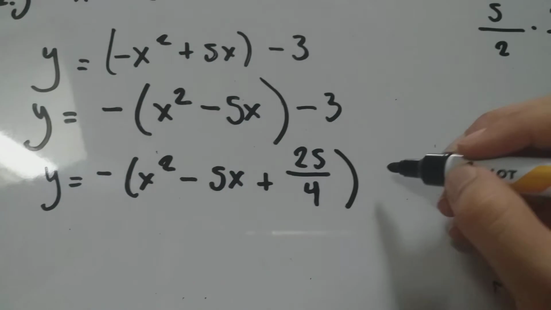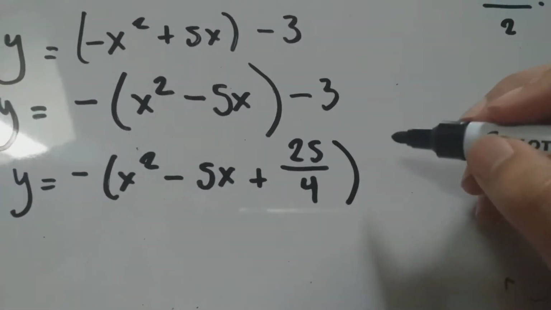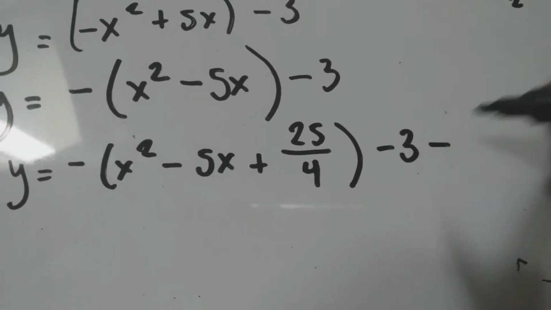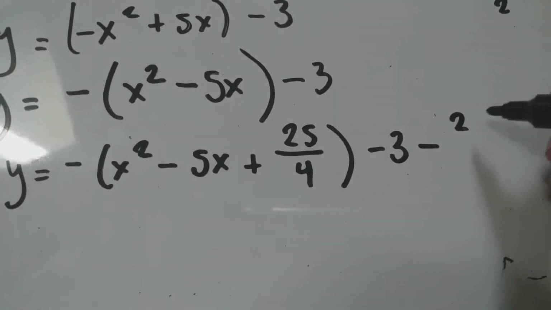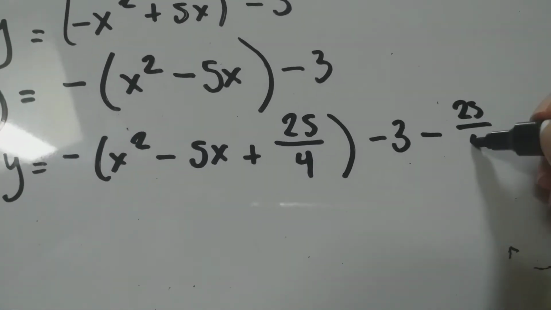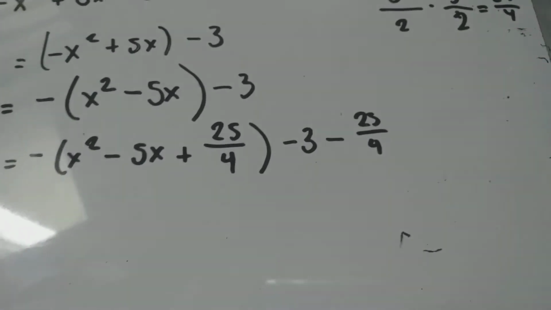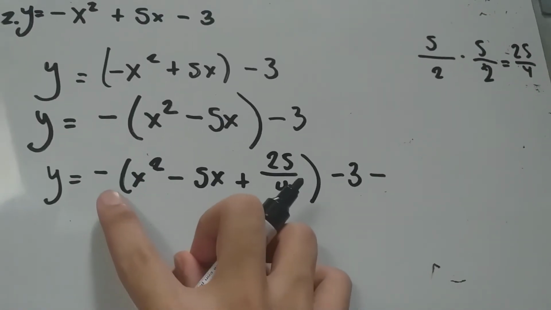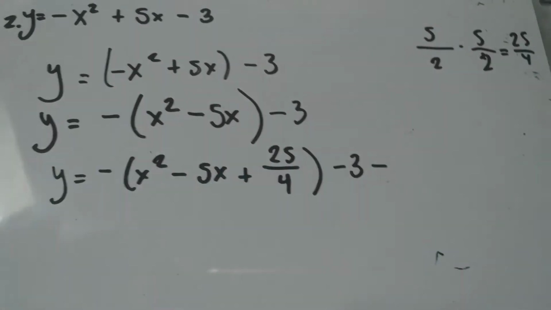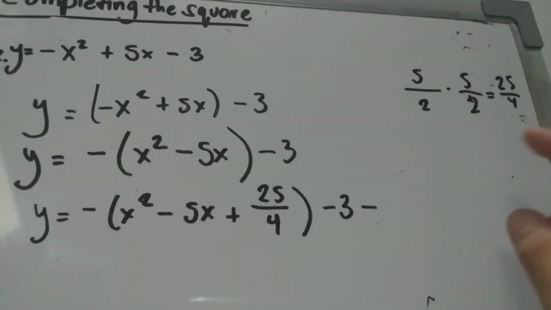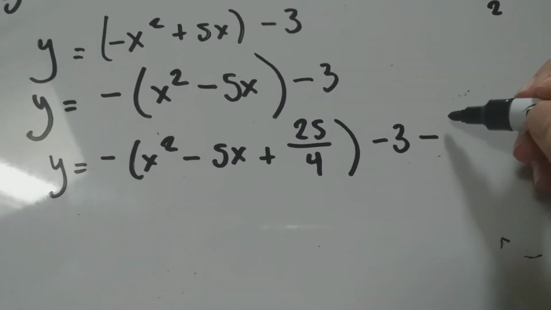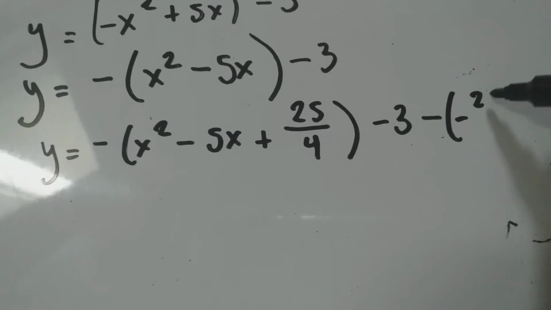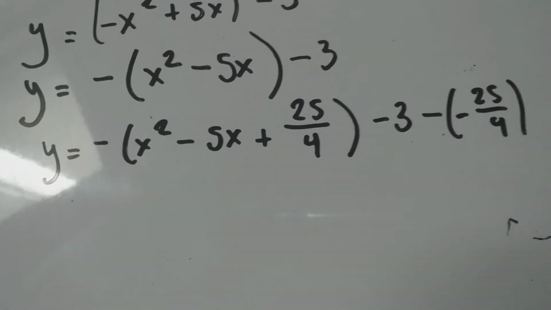And then after you add the new constant inside the parentheses, you just subtract it from this thing. Oops, wait, almost forgot. Because you have a negative there, your new constant will also be multiplied by a negative. So you will have a negative 25 over 4 right there.